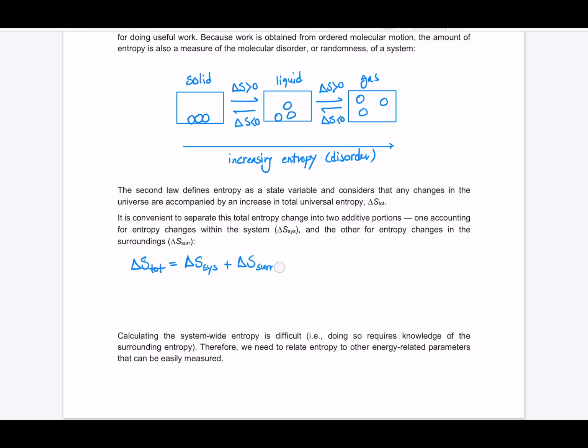Just making it short, we have, again, the system, surroundings, and then overall it would be just the universe. And now, based on the second law, for a spontaneous system, delta S total must be greater than 0.